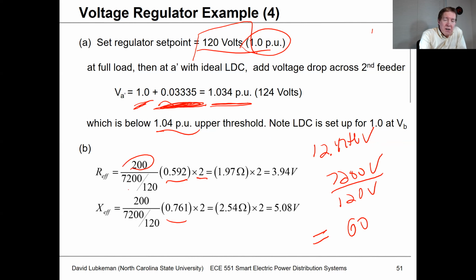So what I've got here in the denominator is this ratio of 60. That's N for the PT. That's what the PT is doing for the control circuit. So this gives me an effective resistance setting of 3.94 volts. It gives me an effective reactance setting of 5.08 volts.